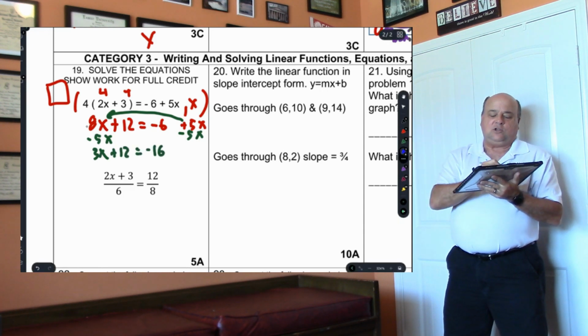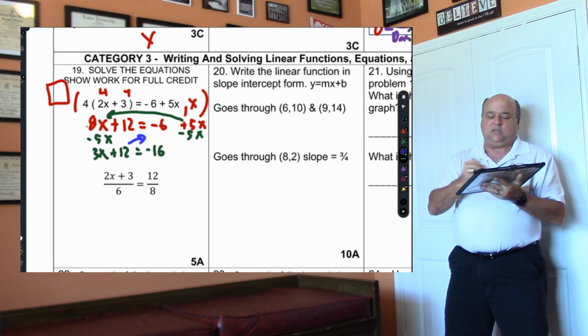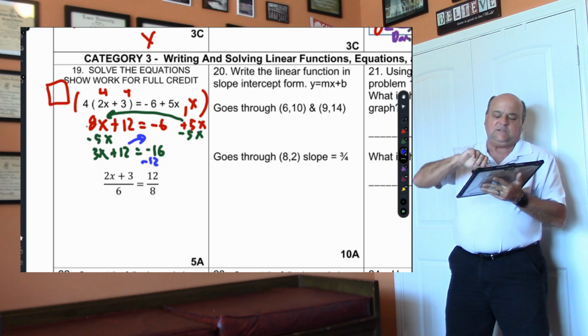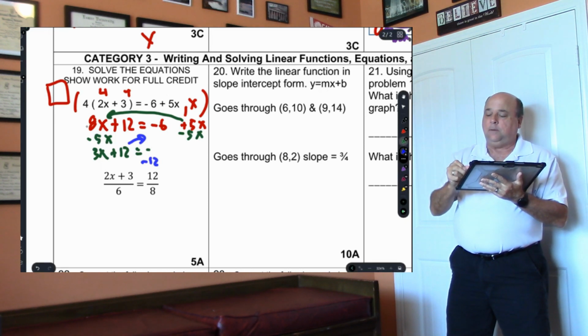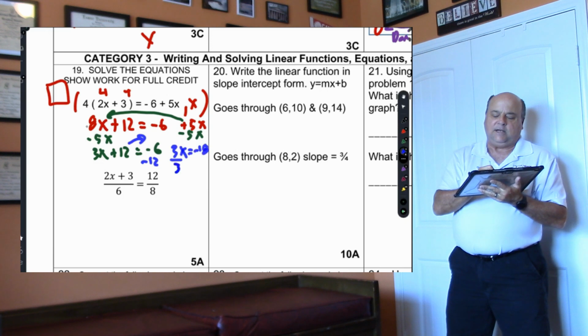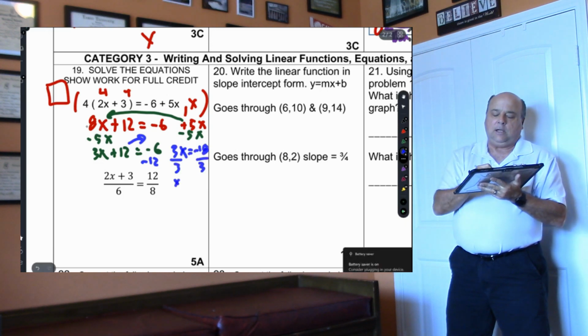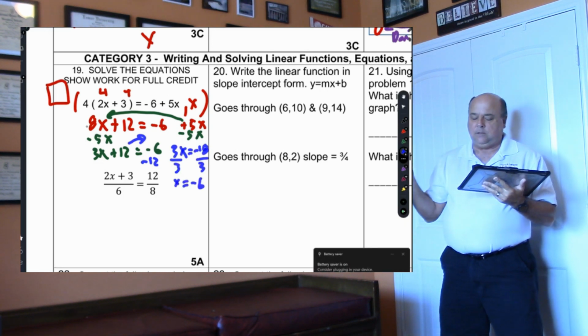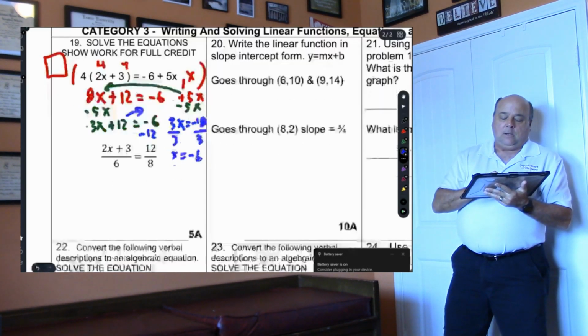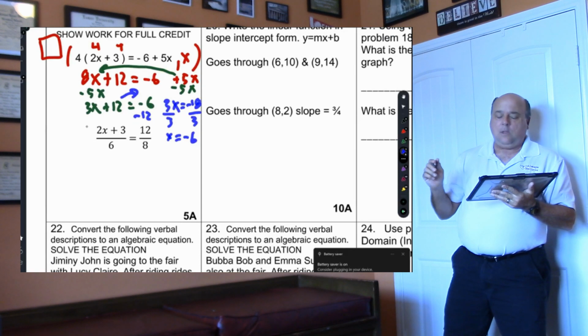Now we're going to take the 12 and move it over here. The opposite of plus 12 is minus 12. Now this is 6, not 16. Sorry about that. So we move the 12 over, and now we have 3x equals -18. We divide by the coefficient, and you will end up with -6. Okay, so we have -6 for that answer.